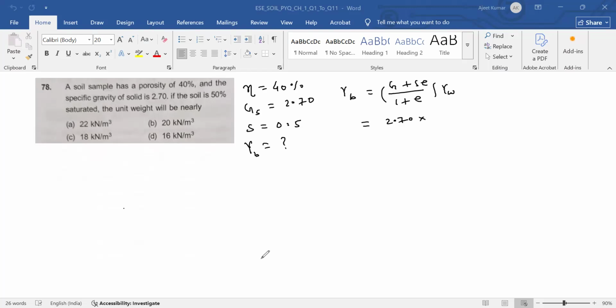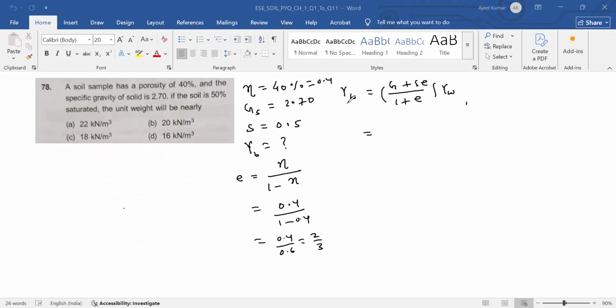So G is 2.70, and we have to calculate E first. E is porosity eta divided by 1 minus porosity eta. So this is 0.4 divided by 1 minus 0.4, which is 0.4 divided by 0.6, so this is 2 by 3.